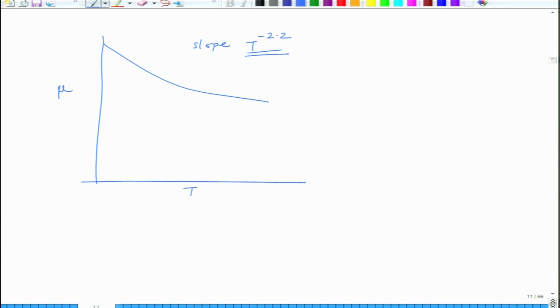So they tend to vary a little faster at lower doping levels, while at higher doping levels they tend to be relatively flatter.